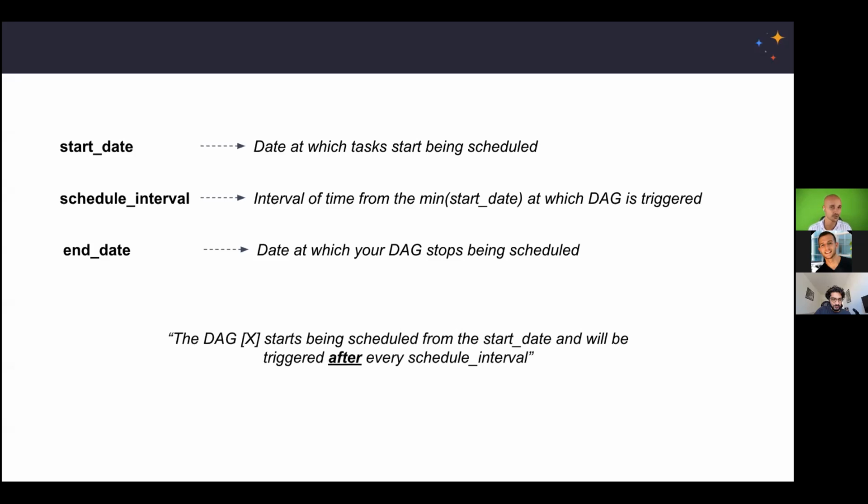It's truly important to remember that because this is the most confusing part, actually. Your DAG gets triggered after the start date plus the scheduled interval. So for example, if you run your DAG the 1st of January 2021, and then you set a scheduled interval to daily, that means your DAG will get effectively triggered the 2nd of January 2021.